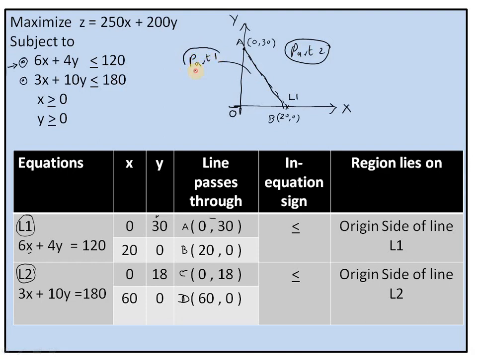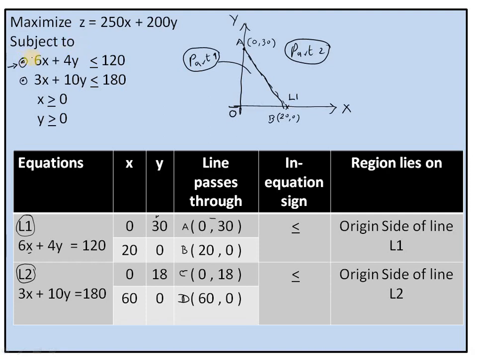Now which is valid? Whether our point should lie on the part 1 side or the part 2 side, which will satisfy this inequality. For that, simply put x and y both as 0, then the left hand side becomes 0. Is 0 less than 120? Yes. That means the origin is satisfying my inequality.